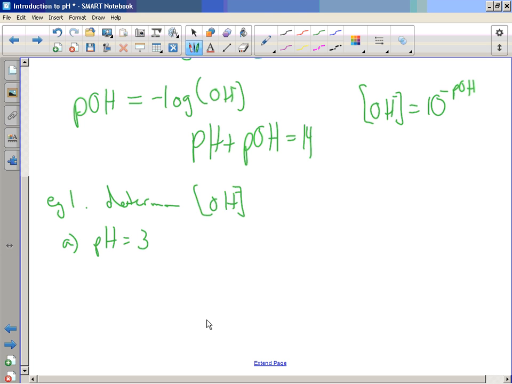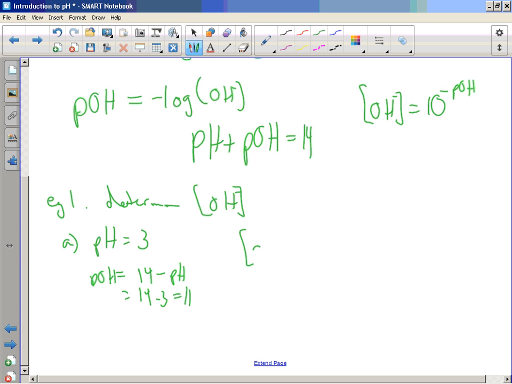Now, the first thing we need to do in this solution is figure out what the pOH is. It's always 14 minus the pH. 11. 14 minus 3, 11. So we have to do an extra step.